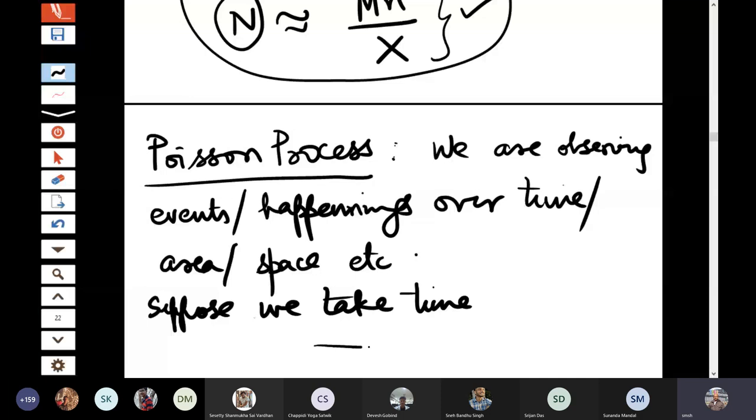Time means it is like this. Some timeline I will make, starting from 0, we go up to a certain time t, t plus h kind of thing. We are observing events. So some event may occur here, some events may occur here, some event may occur here, and so on. These are the time bars here.